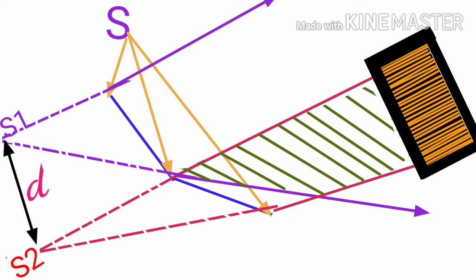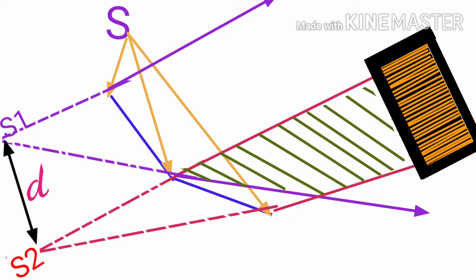The waves diverging from S1 and S2 overlap and interfere. Fringes are produced in the overlapping region. As you can see in the picture, the fringes are of equal width.